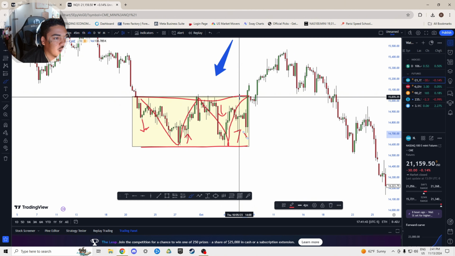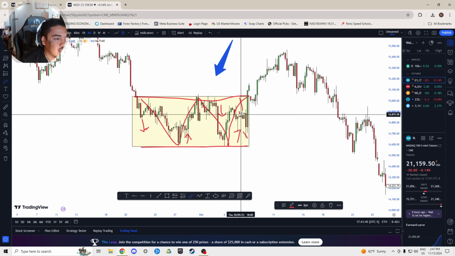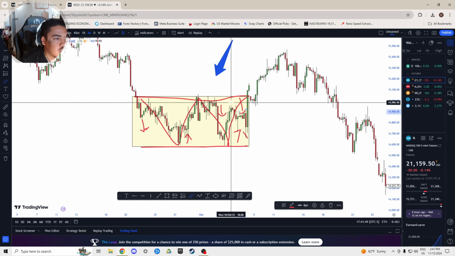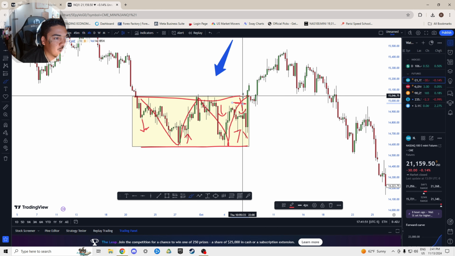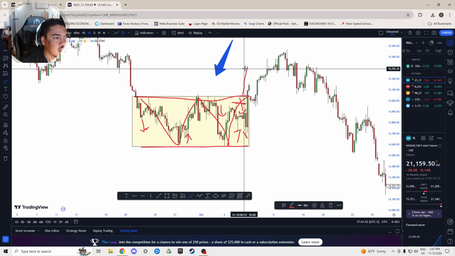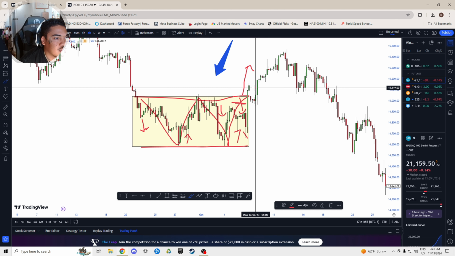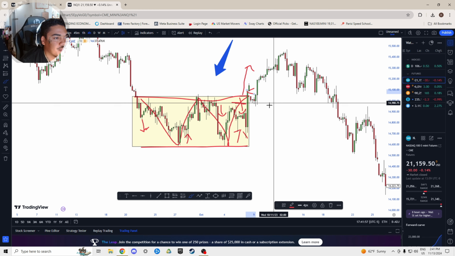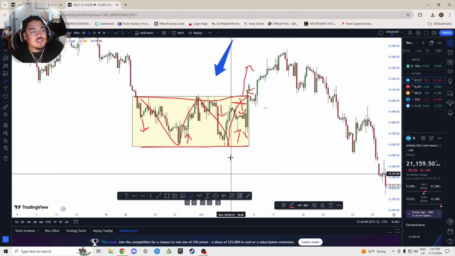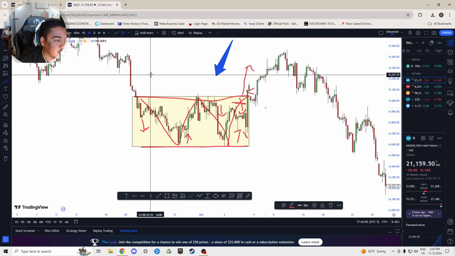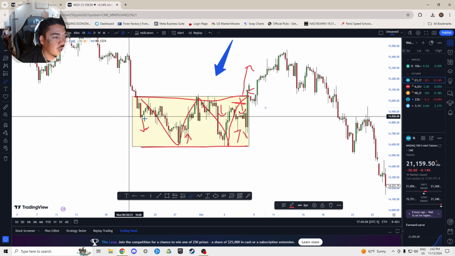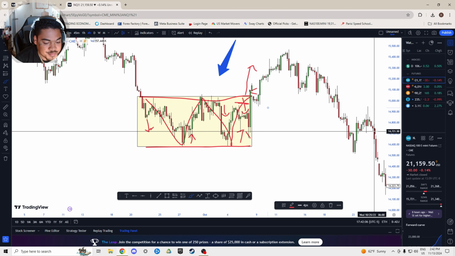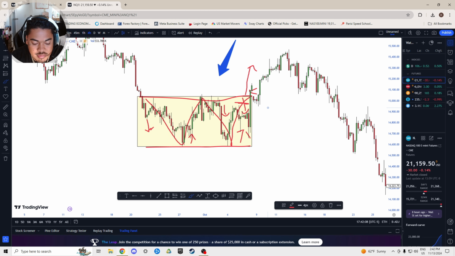But then you think, okay, it bounced off, let me take it back down, and you have your stop somewhere, I don't know, like let's say right here. Well, price just completely breaks out of it with these candles right here. So I mean, that comes down to trade management and just risk management as well, and knowing where you're at in the markets. So yeah, that's gonna do it for that right there.